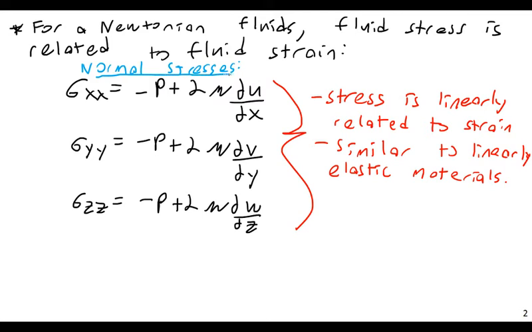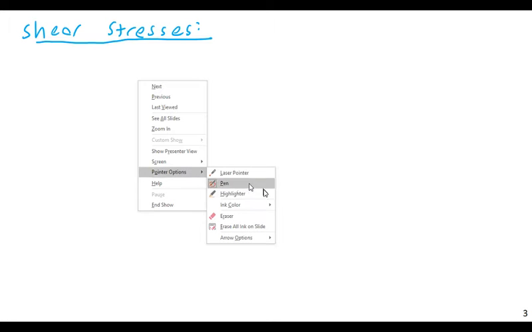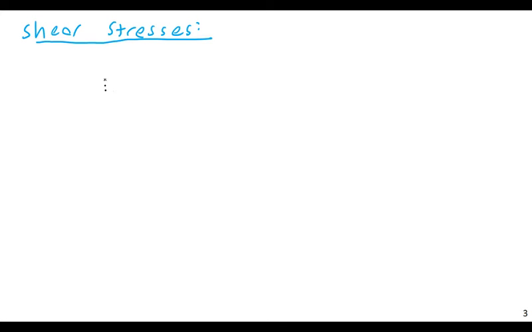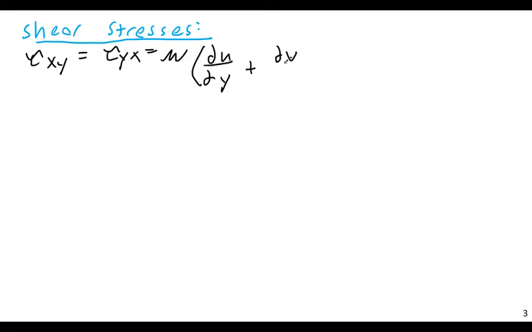And I would also have shear stresses. And these stresses would be as such. Tau xy is equal to tau yx is equal to mu times the partial of u with respect to y plus the partial of v with respect to x.